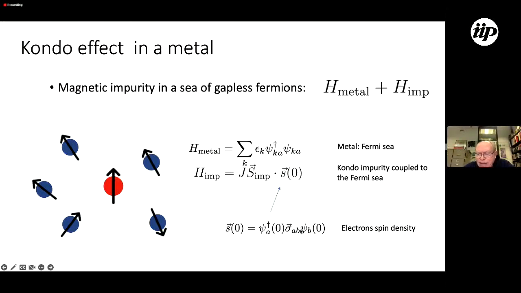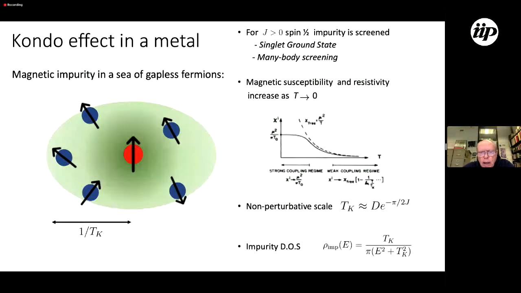This is the spin density of the electron at the position of the impurity, which I just take to be at x equals 0. And the Kondo effect is a dynamic screening, and you can see here the cloud of electrons around it, where you have more spin downs than ups.